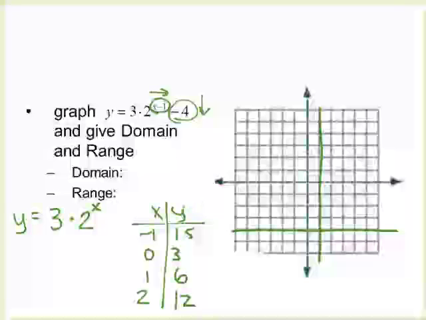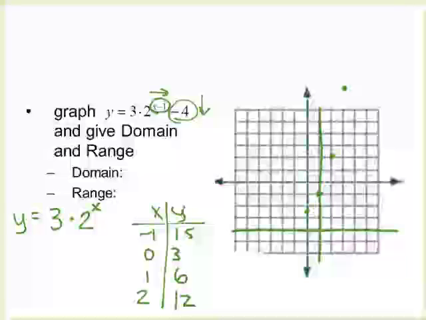Then when I plot those points, we are going to plot them from our new center, from the shifted origin, not from the actual origin, but from where those two shift lines intersect each other. So from there, I'm going to go back 1, up 1 1/2 for my first point. Over 0, up 3. Over 1, up 6. And up 12 for the next point.